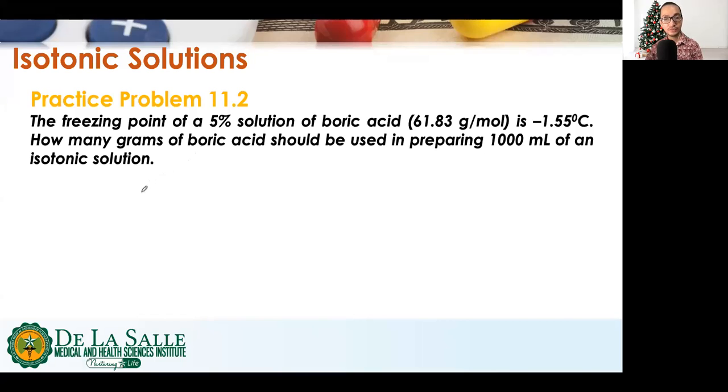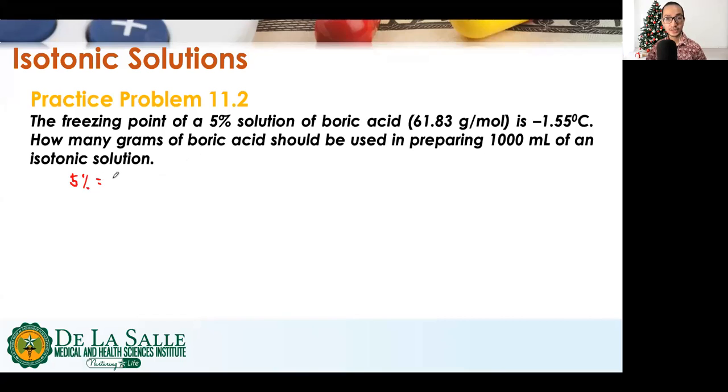How many grams of boric acid should be used in preparing 1,000 ml of an isotonic solution? In this particular problem, we are given the percentage of the boric acid. So we have 5% boric acid.